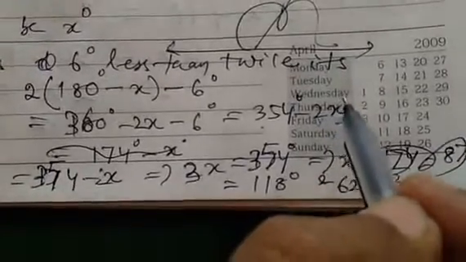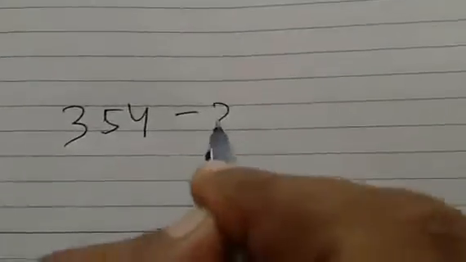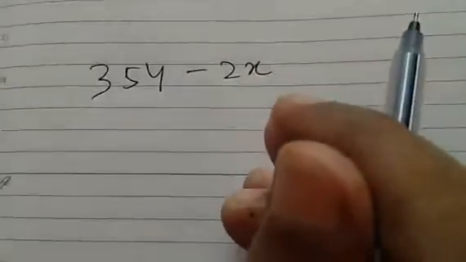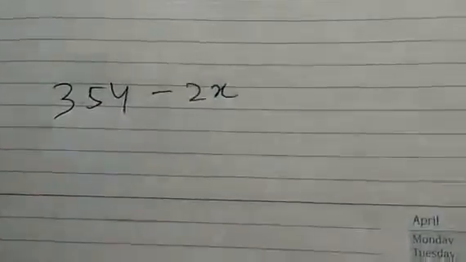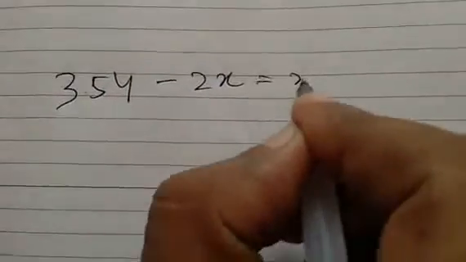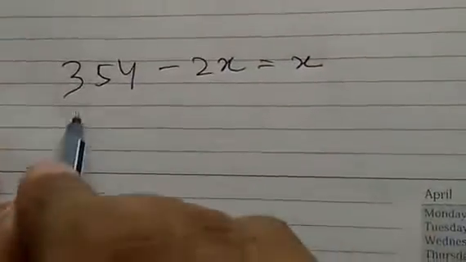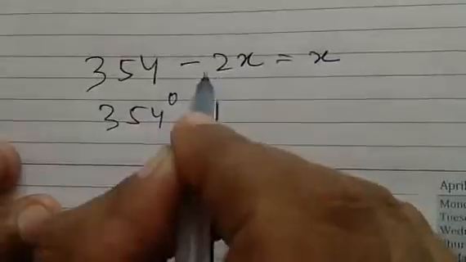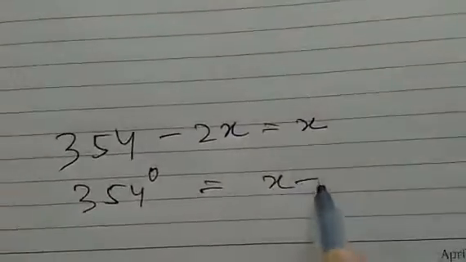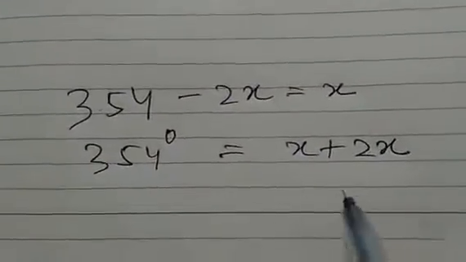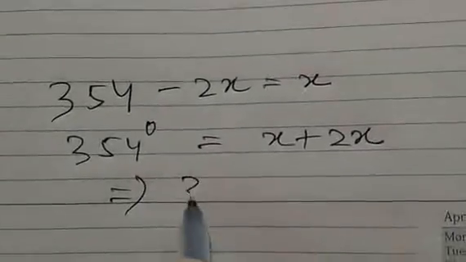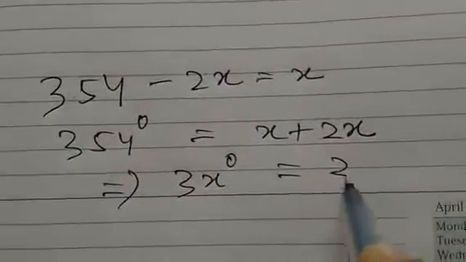Yes or no? So you can find out now. 354 minus 2x is equal to x. That means bringing 2x to this side, x plus 2x degree is equal to 354, or 3x degree is equal to 354.